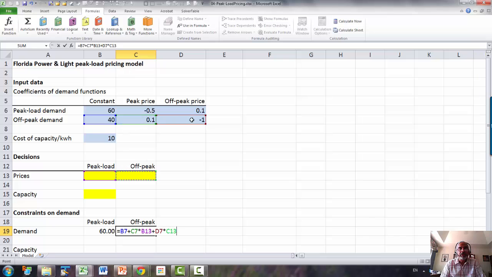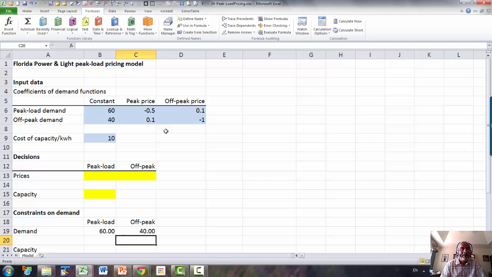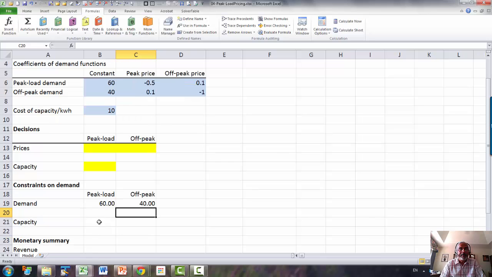So make sure that you set the constants up properly. Okay. Now these are the demands, and capacity is of course that, and we want to make sure that the demand doesn't exceed capacity. So we have a less than or equal to constraint for the demand.